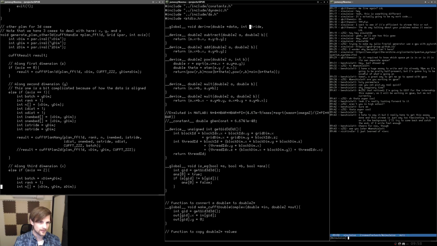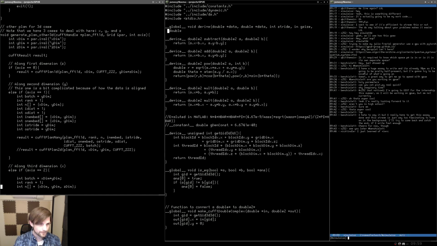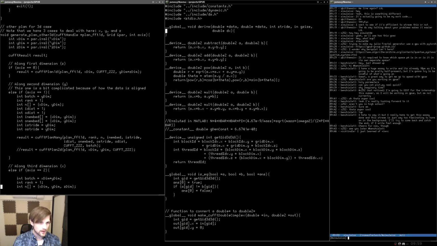I forgot the output data. Double star data, int stride, and then a double dx and one more variable, int n. So int g size, and then double dx, I believe. So double dx.